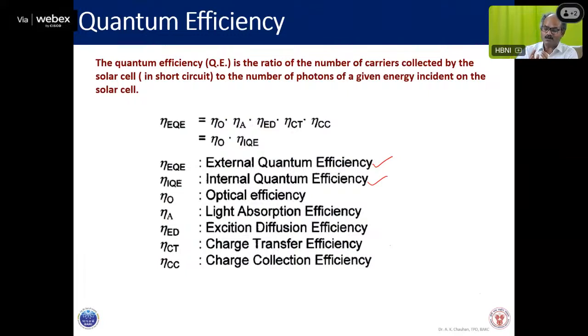However, my external quantum efficiency will be 90%, because I received 9 electron hole pairs when I actually sent 10 photons to that solar cell. So internal means how many absorbed photons generated electron hole pairs; in external, it is how many were sent.